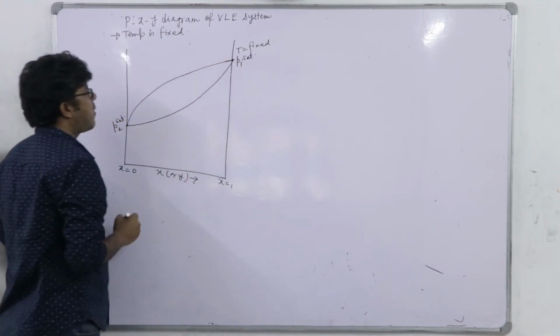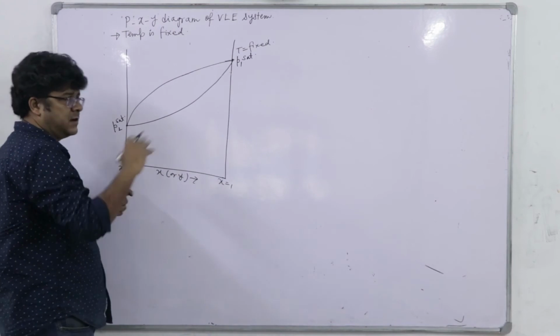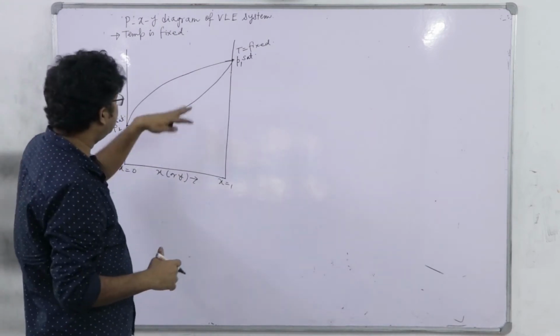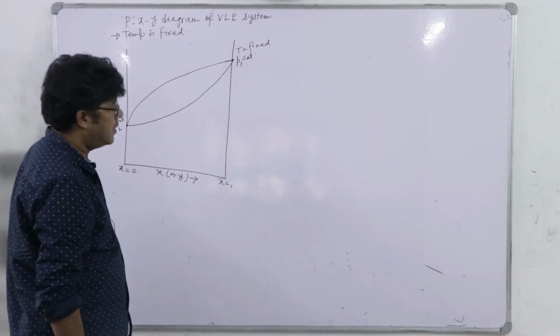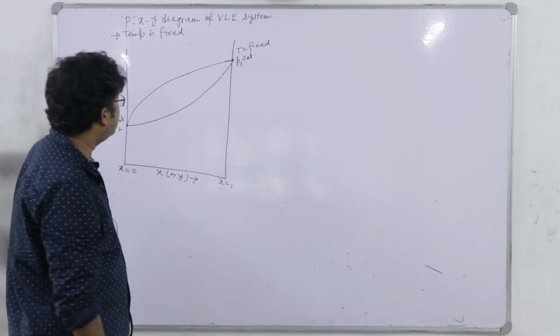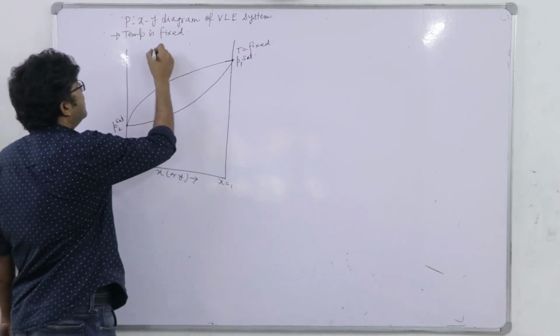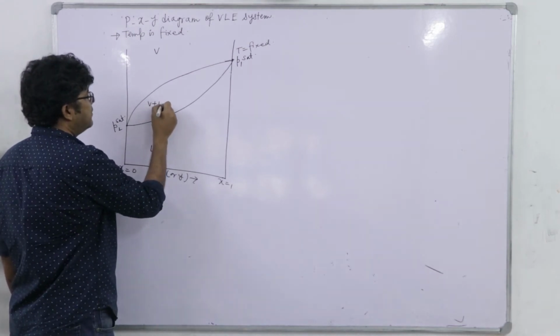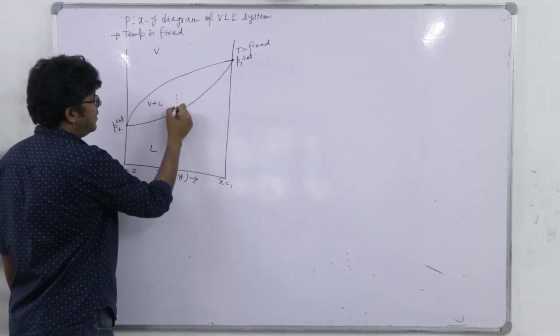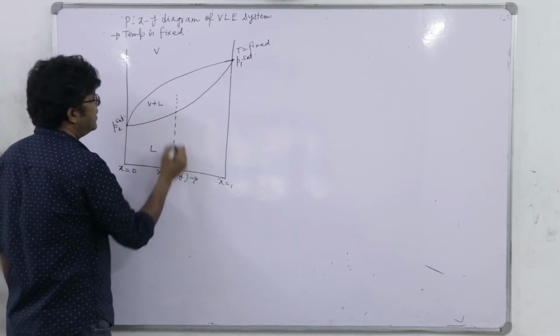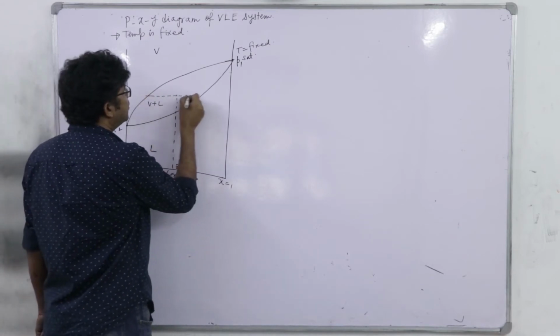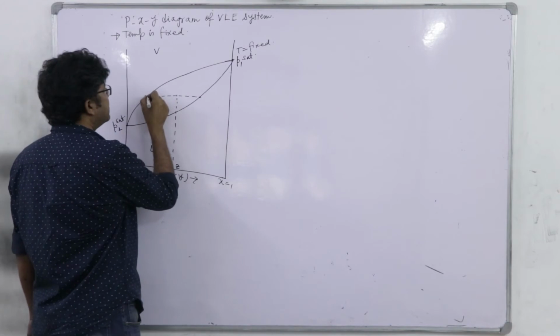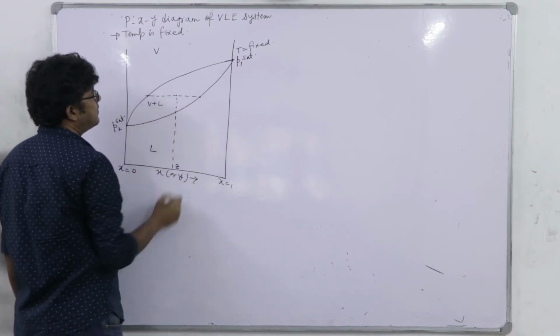Right. Just the reverse in terms of its slope compared to the Txy plot. So this is vapor phase, this is liquid phase, this is vapor plus liquid phase. So if I have any feed, it will split into two, right.